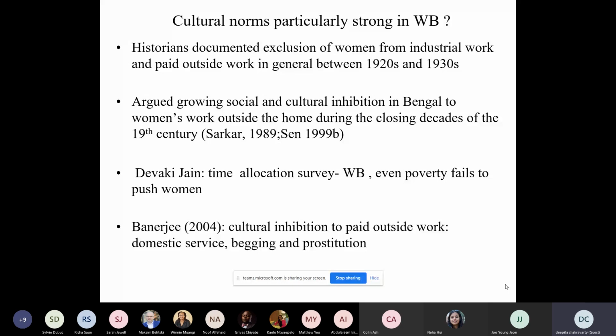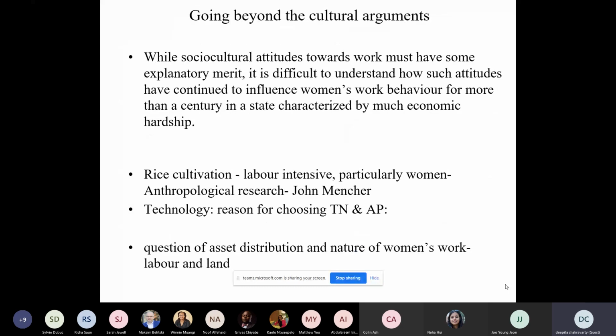Now, while the sociocultural attitudes towards work must definitely have some explanatory merit, I'm not saying that the cultural questions are unimportant. I'm not at all saying that.